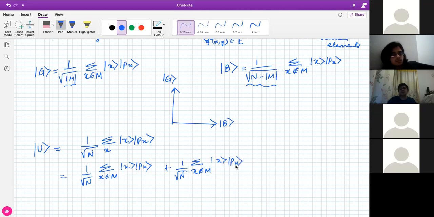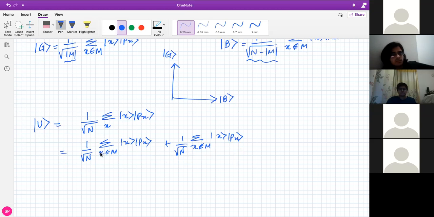I'm just writing all the elements because this belongs to N, right?